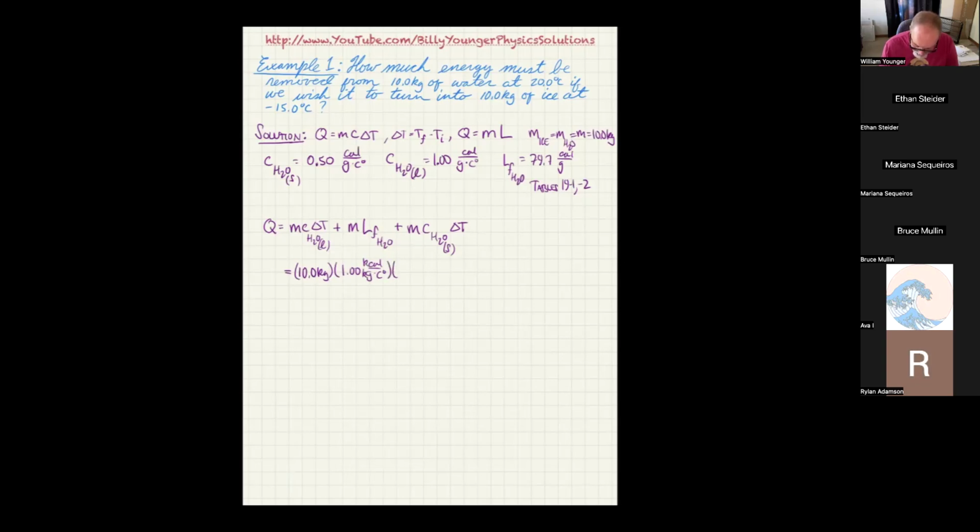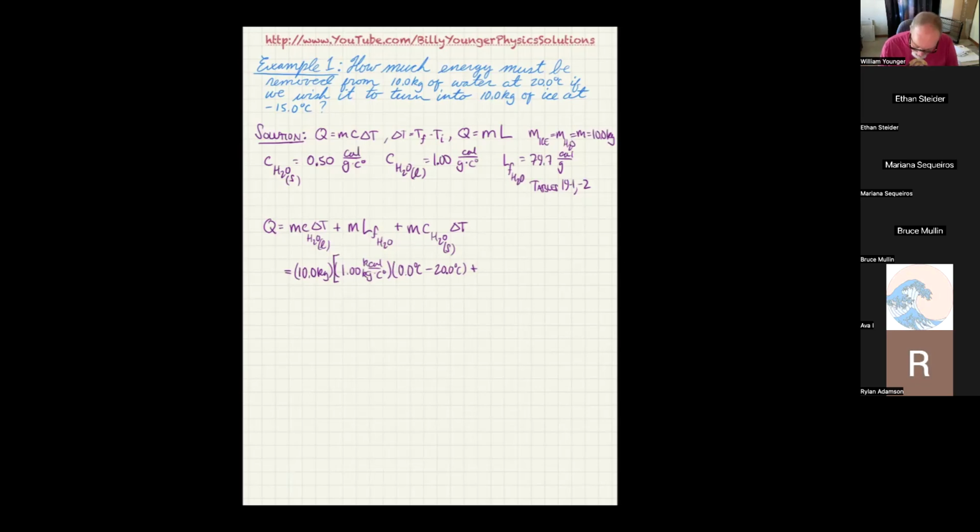And then the final temperature is going to be 0.0 degrees Celsius minus the initial temperature, which is 20.0 degrees Celsius. And then plus, actually, since the M is common to all of them, I'm going to go ahead and factor out the M and put square brackets around it. So I only have to include that mass that one time out there.